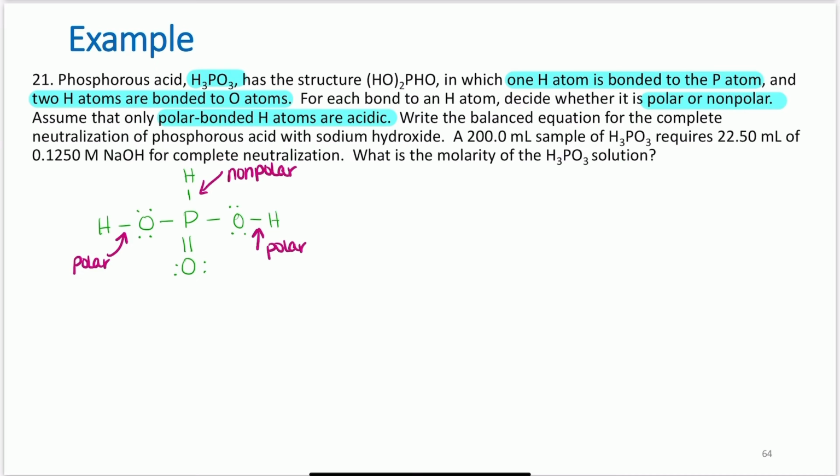This means, though, that I need two equivalents of NaOH to pull off two protons, because every sodium hydroxide will pull off one proton. So I need 2 moles of NaOH for every 1 mole of phosphorous acid. This will give me Na2HPO3 plus 2 moles of H2O.